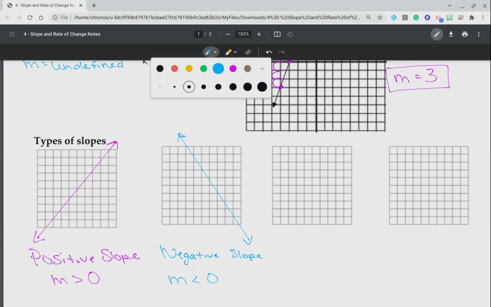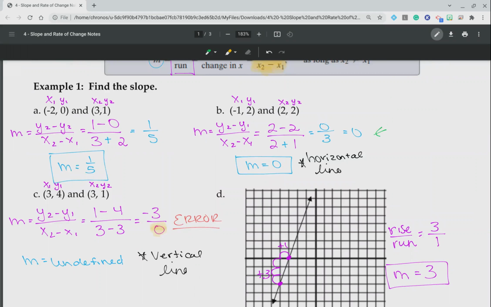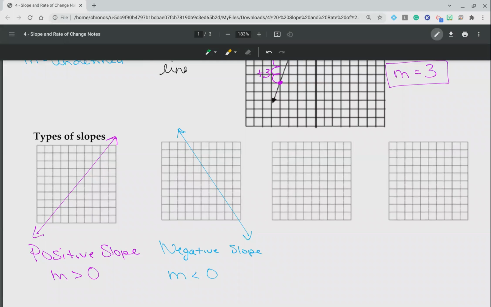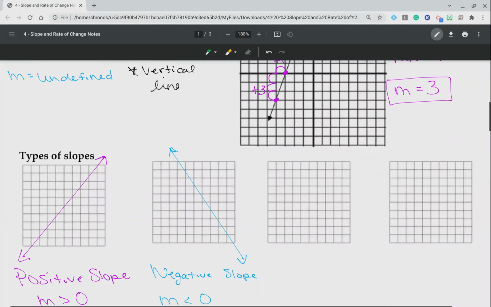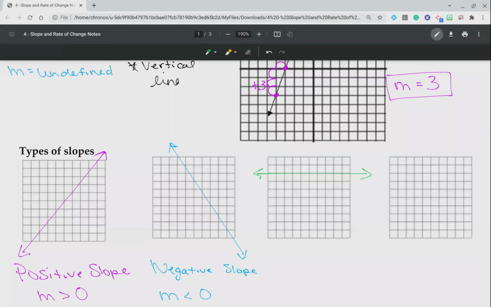Okay. So we had negative, we had positive. Then we had those 2 cases up here. Okay. A 0 slope. So a 0 slope is going to be a horizontal line, just like we said before. So this line right here is a 0 slope, or m is equal to 0.